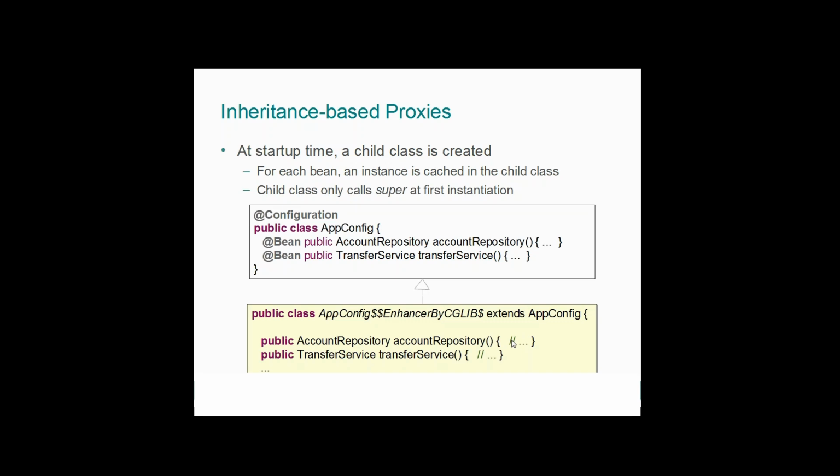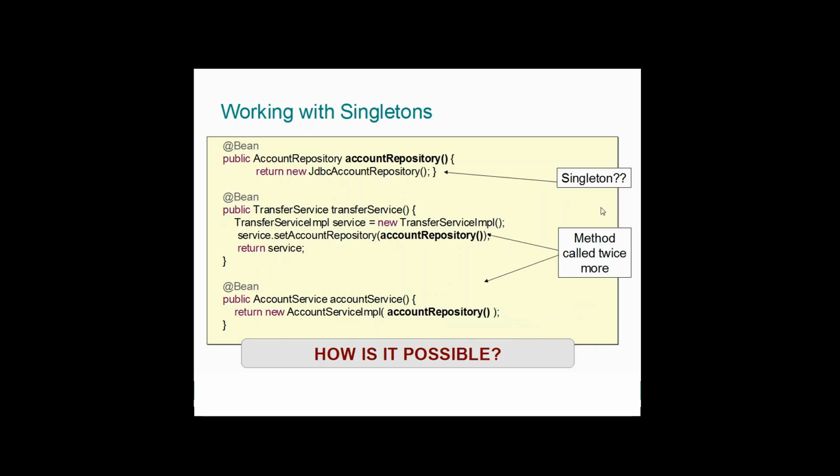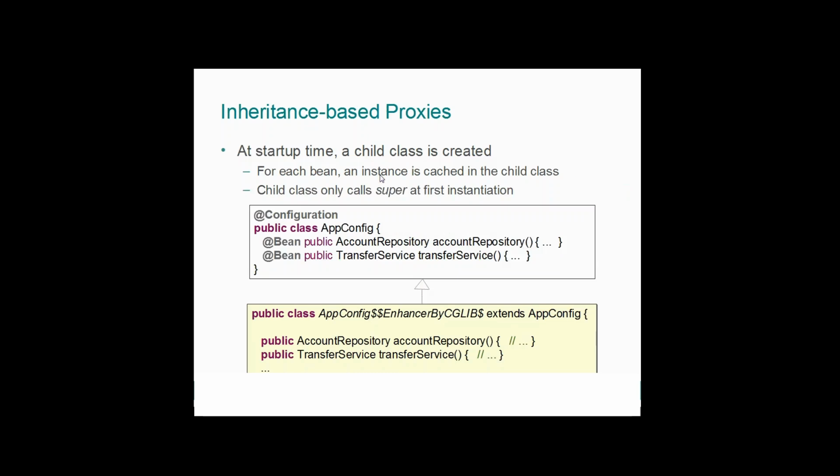If it is not there, I call super.accountRepository, and whatever object is created by that super method, the JDBC account repository object, I put into the container the first time, and next time onwards I check in the container. If it is there in the container or context, I return that object. That's the kind of logic.